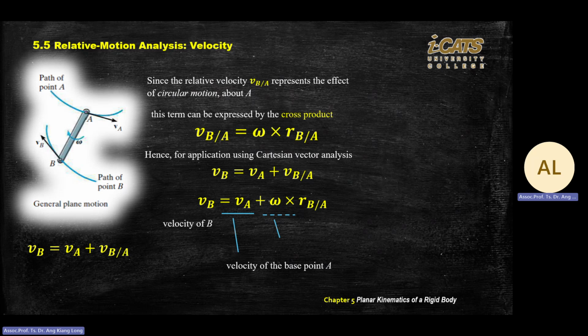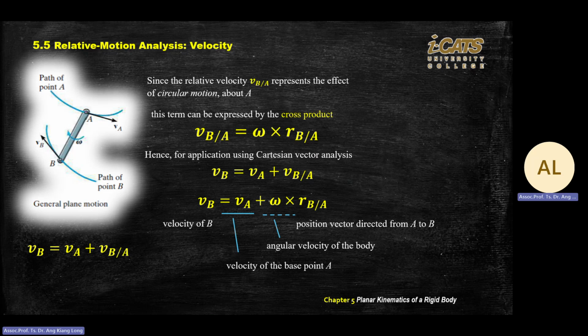So you can write your equation if you see a rigid body that's rotating and you need to calculate velocity. This is what you write: VB equal to VA plus omega cross R. Okay, so this is the first equation if you see some body that is rotating.